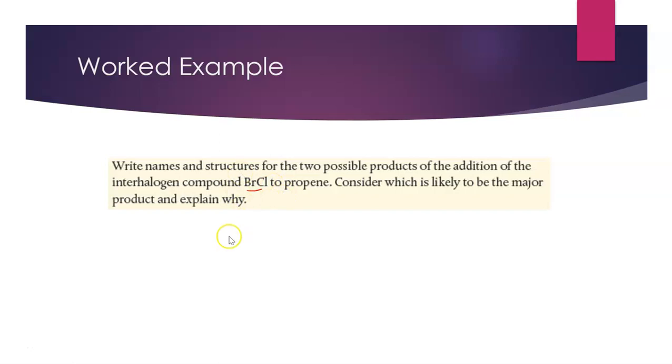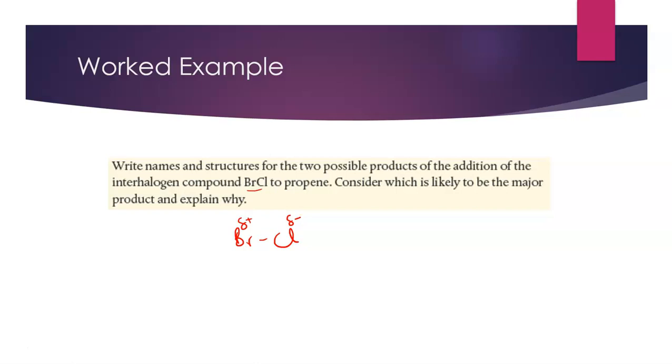The first thing we need to consider is which is the more electronegative of the two halogens in our compound. Chlorine is more electronegative than bromine, so we're going to have our delta plus on the bromine and our delta minus on the chlorine.